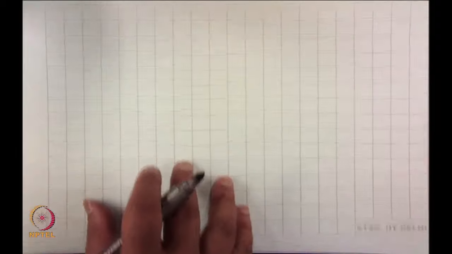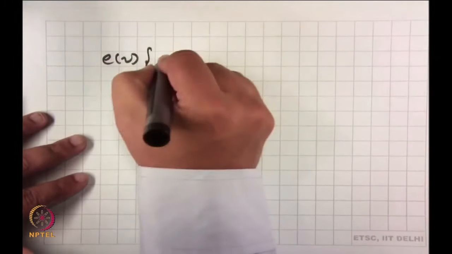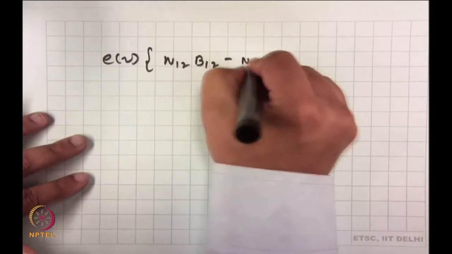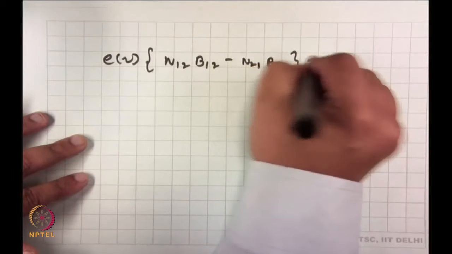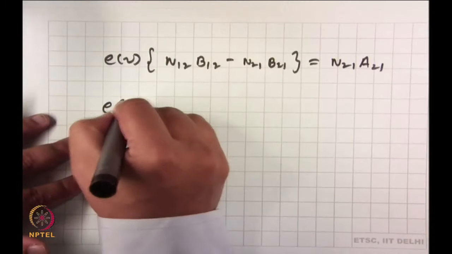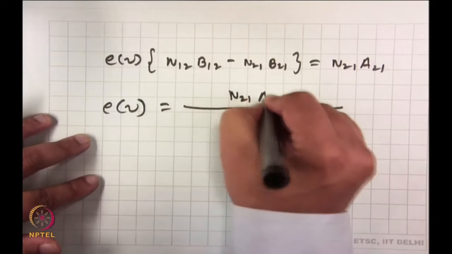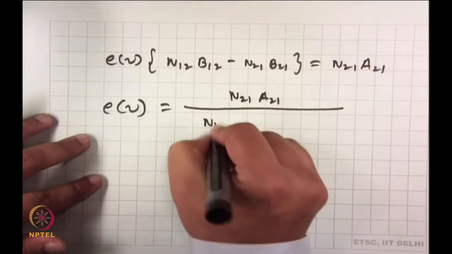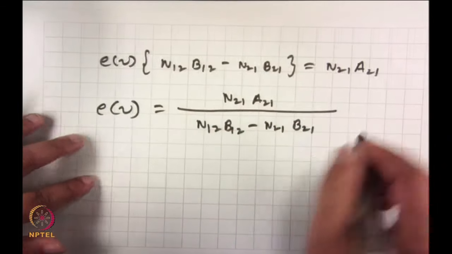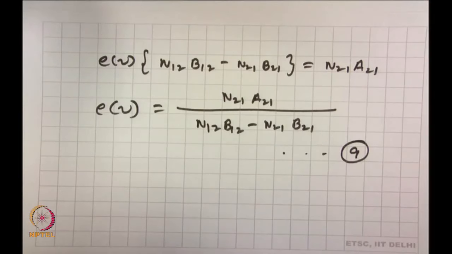So, then from here I can write rho nu N12 B12 minus N21 B21 is equal to N21 A21, or rho nu is equal to N21 times A21 over N12 B12 minus N21 B21, and let this be equation number 9.